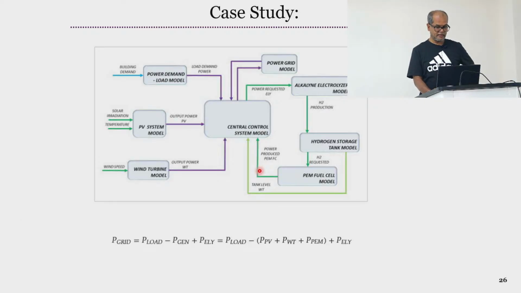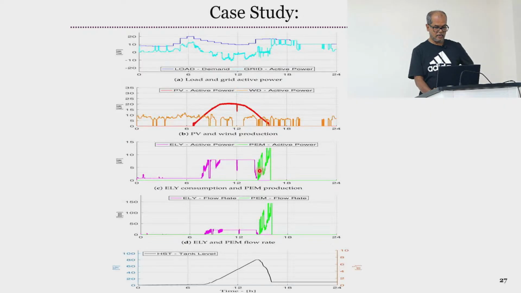By doing that, again, this is the same thing that the single line diagram shows. It shows that whatever condition I mentioned, it satisfies exactly the same thing: you have got the load demand, and then how much power is coming from solar, how much from your wind, how much from your grid.